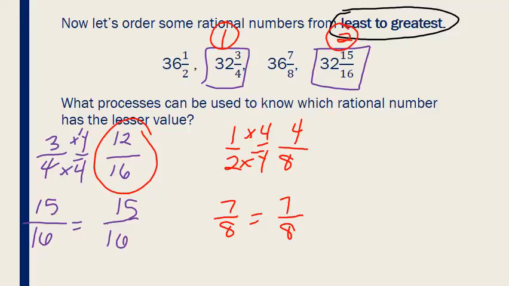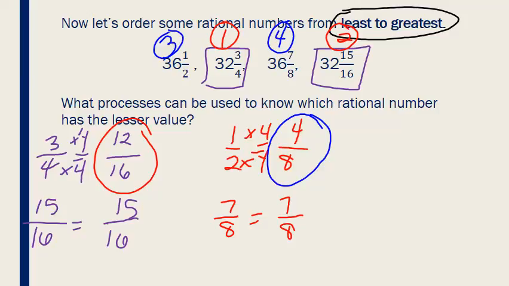Oh, good job, class. 4/8 is less than 7/8. Exactly right. So 36.5 would be the third number, and 36 and 7/8 would be the greatest number.